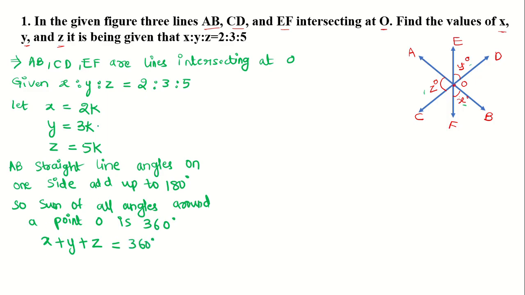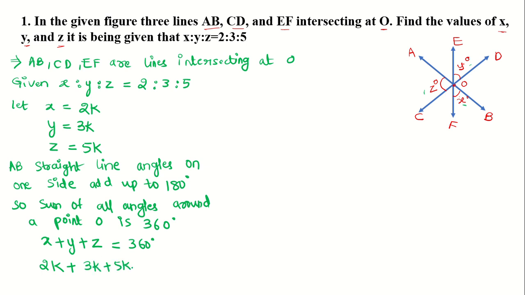Now previously we have mentioned the values of x, y, z as some values, right? So substitute these values in this equation. So what is x? It is 2k plus what is y? It is 3k plus what is z?